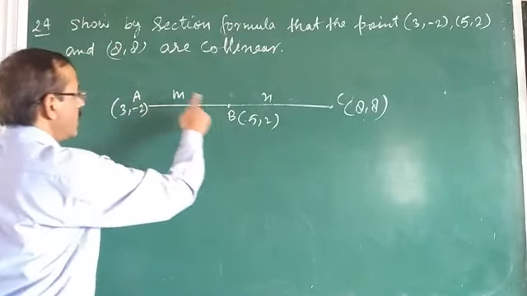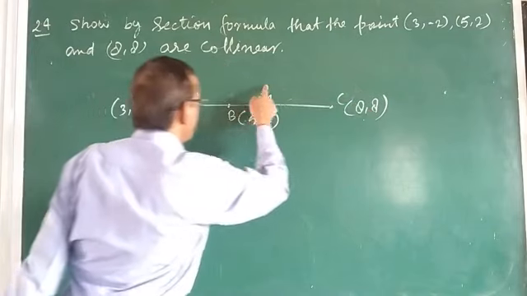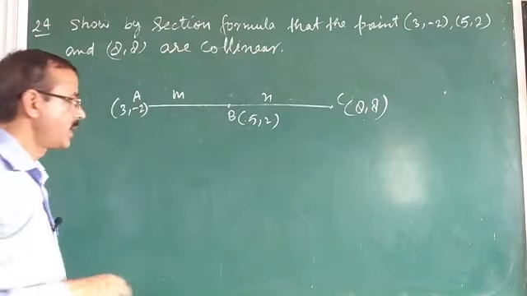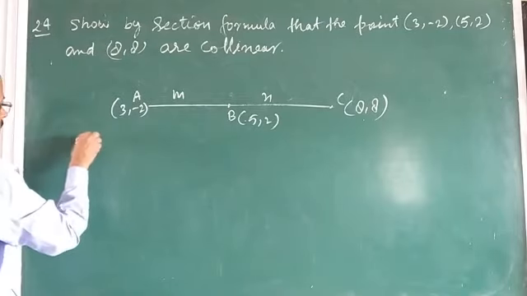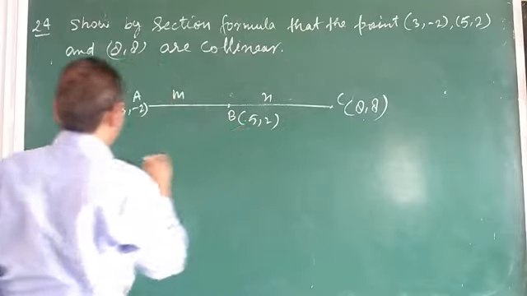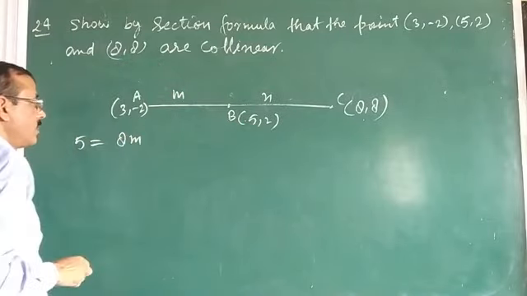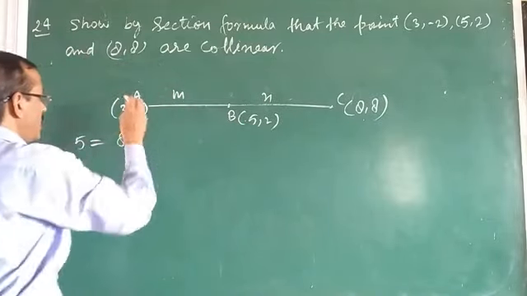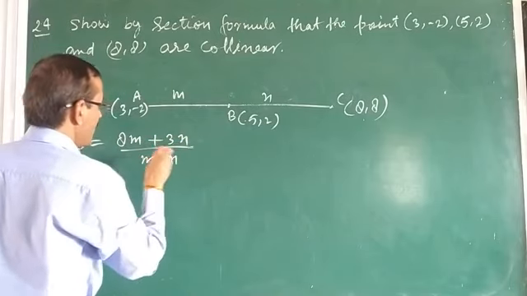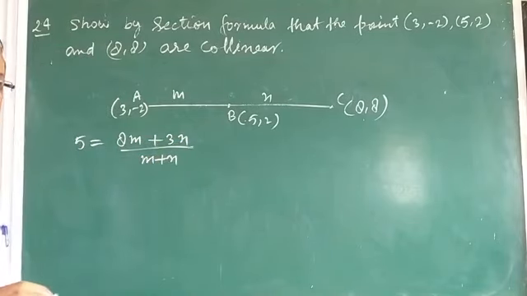5 is equal to (m into 8 plus n into 3) upon m plus n. Okay, 5 is equal to m into 8, that means 8m, plus n into 3, upon m plus n, right?